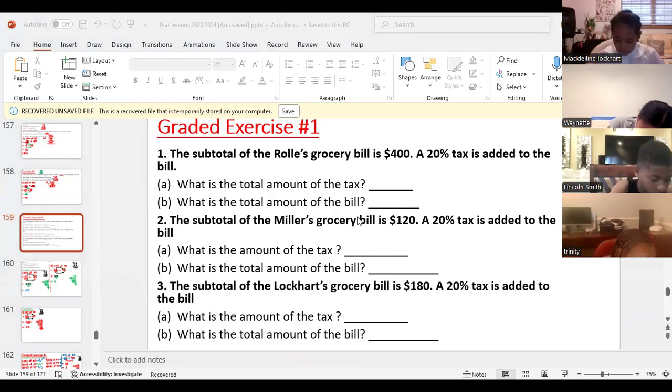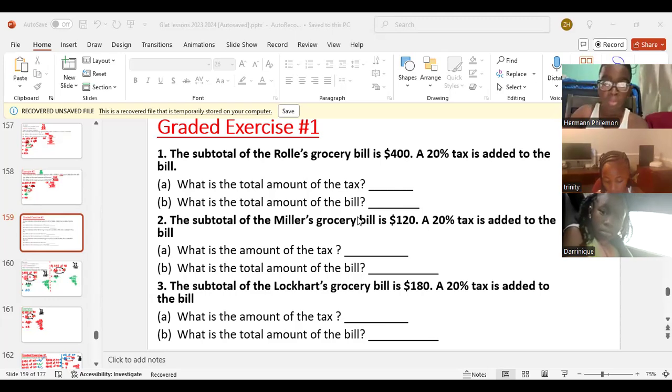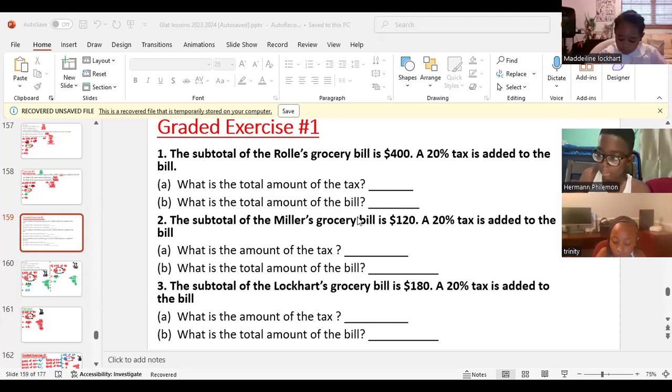Where's Braden? Oh wait, he's joining in right now. Asia, what number you on? Going on number 1A. Okay, that's good. You understand what to do, Asia? Okay, good. Darnik, what number you on? Number 1B. Yes, sir.